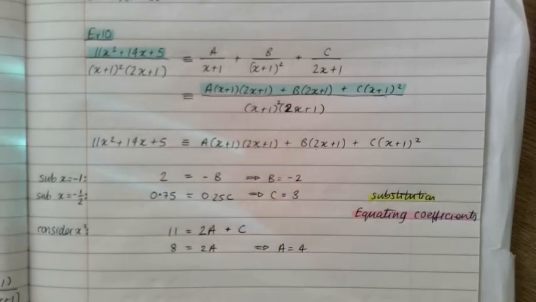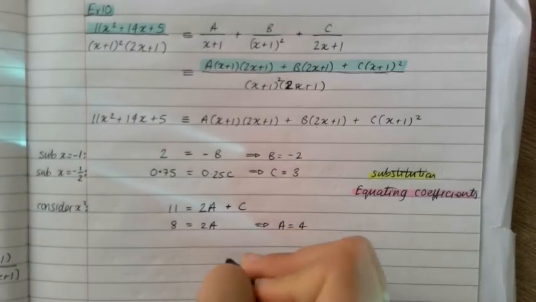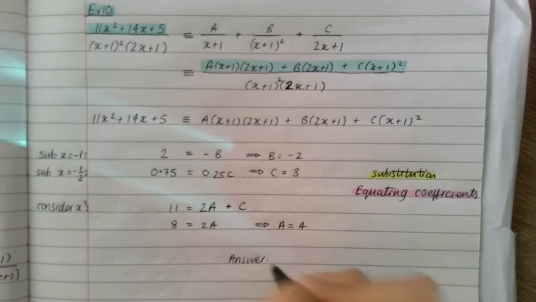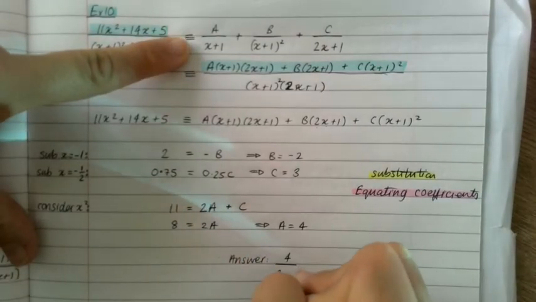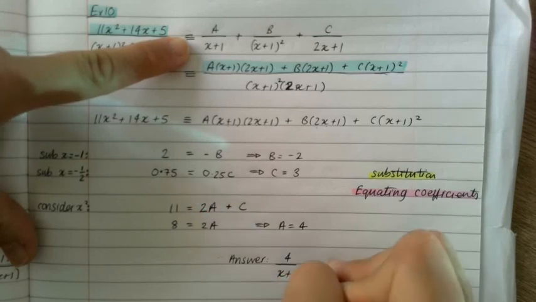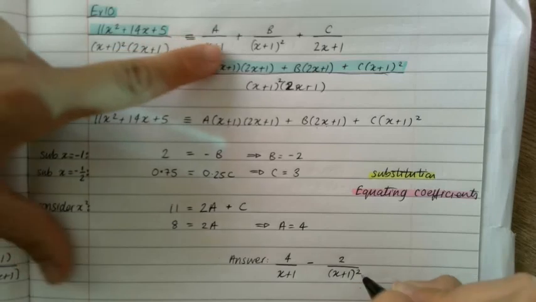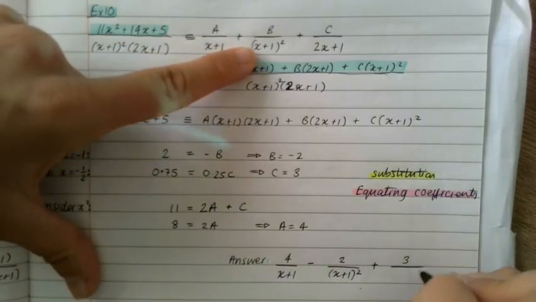So I now have all of my constants a, b and c, and I can write out my answer. So my answer would be 4 over x plus 1, minus 2 over x plus 1 all squared, plus 3 over 2x plus 1.